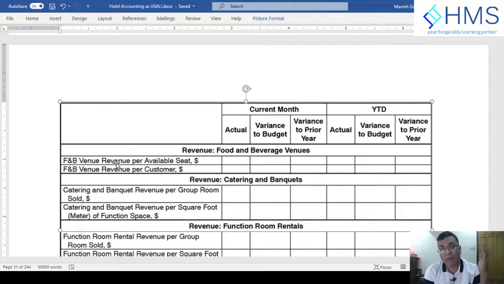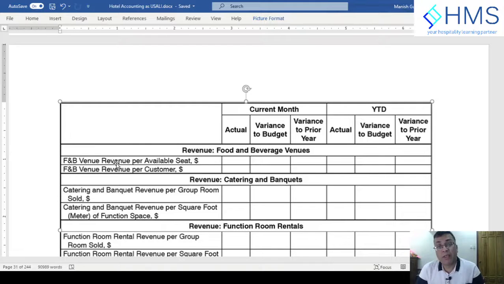So when you are comparing it with the budget and with last year, you will be able to understand, are we having similar take up ratio or different take up ratio, right? Or comparing with other hotels, because this is standard, so you will be able to get the data from those hotels. Then you have catering F&B revenue per square feet of function space.